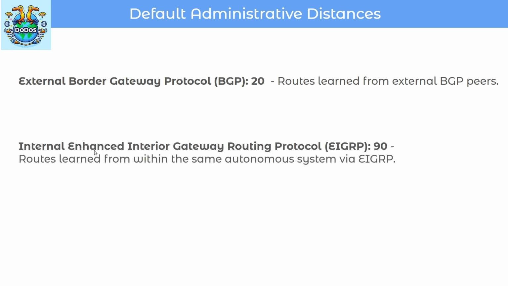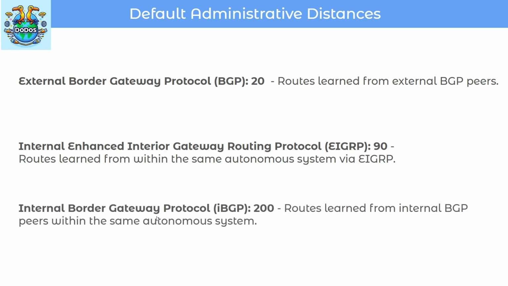Then there's internal enhanced interior gateway routing protocol, which is EIGRP normal, and it's 90, and it's routes learned from within the same autonomous system via EIGRP. Then there's IBGP, or internal border gateway protocol, which has an administrative distance of 200, and its routes learned from internal BGP peers within the same autonomous system.